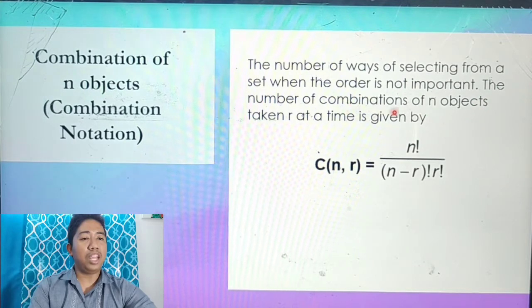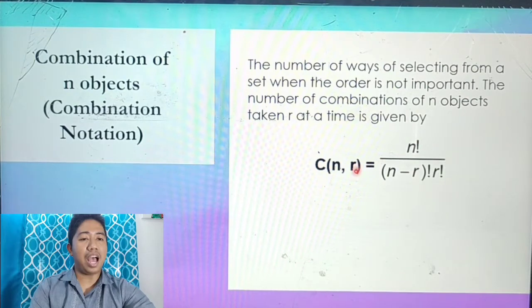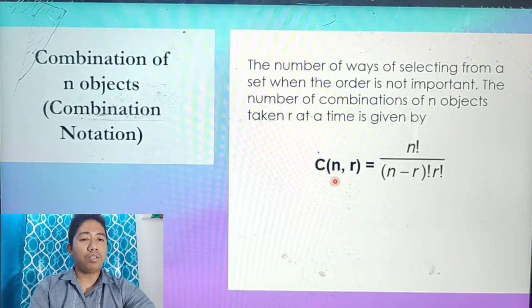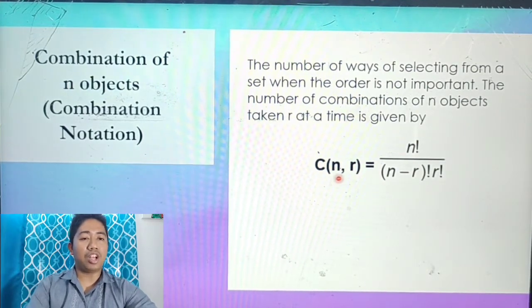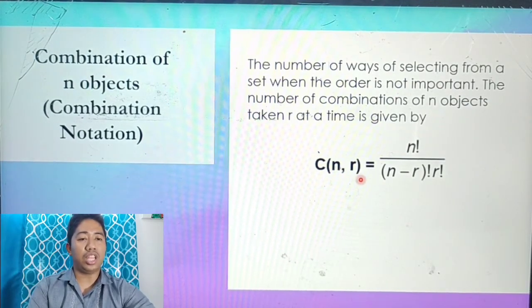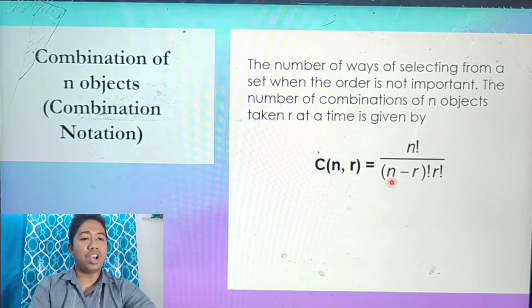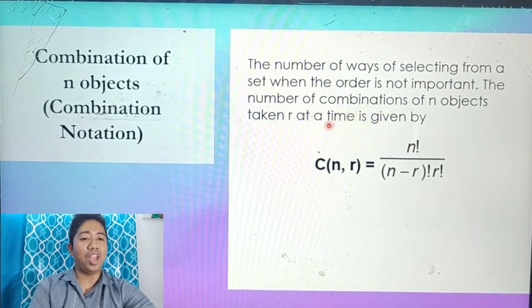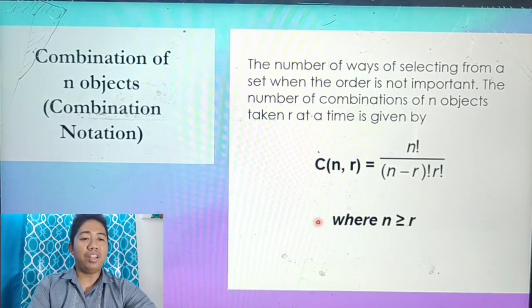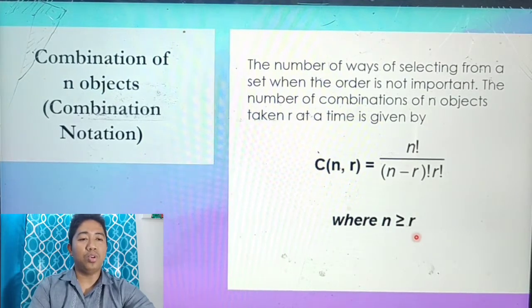The number of combinations of N objects taken R at a time is given by the formula C of N, R, meaning the combination of N taken R at a time, which is equal to N factorial all over the quantity N minus R factorial times R factorial, where the value of N is greater than or equal to R.